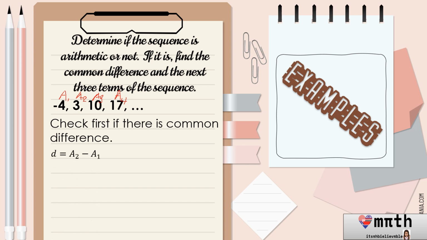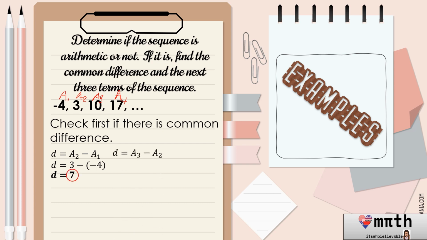Now, our common difference is solved by subtracting 2 consecutive terms. Let us try first a sub 2 minus a sub 1. That will be 3 minus negative 4, and the answer will be 7. Let's try another. Let's have the third term and the second term.